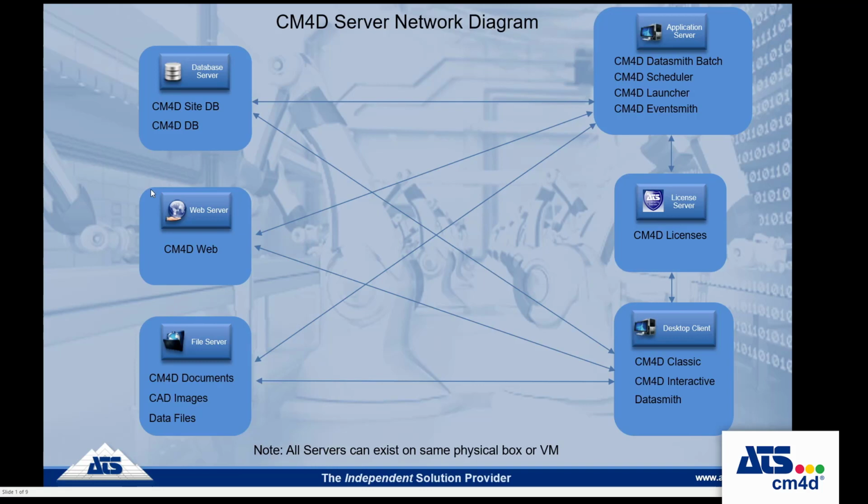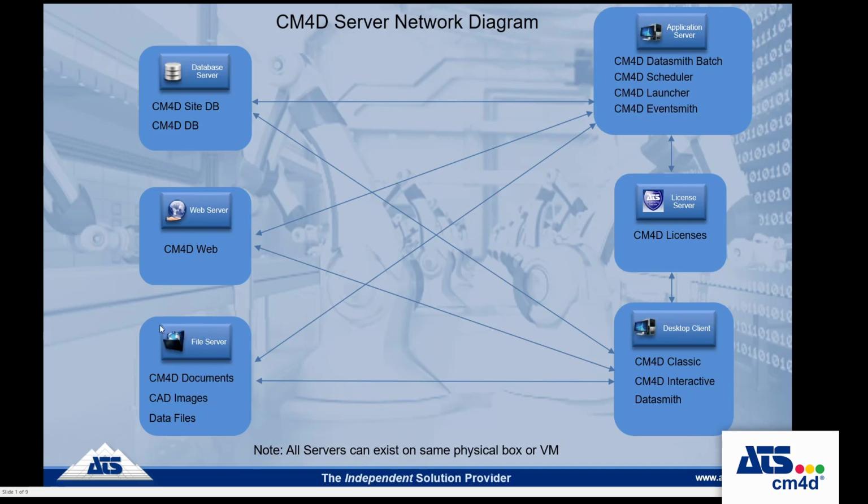Also, with the enterprise system, you would need a web server for CM40 Web or for ATS Portal if you plan on having end users be able to choose reports from the web interface or view PDFs from a central web interface.